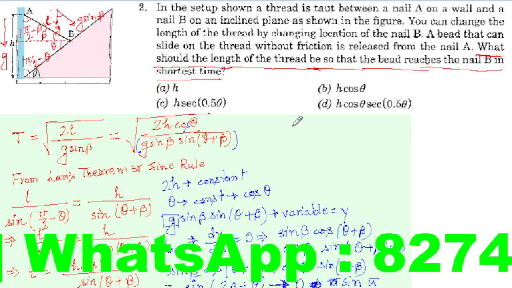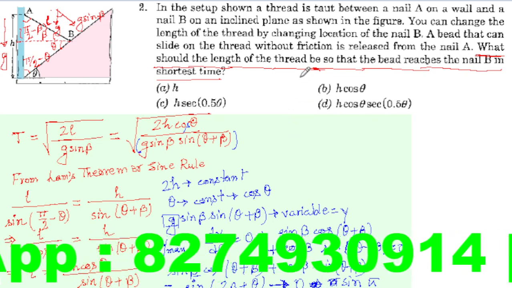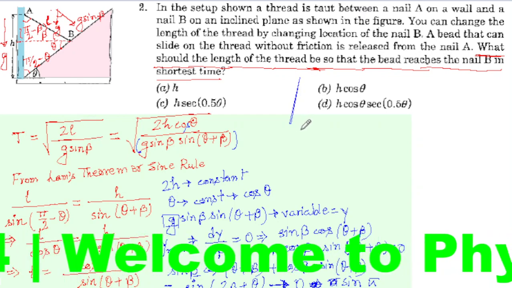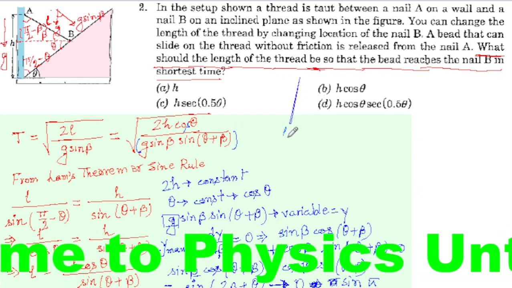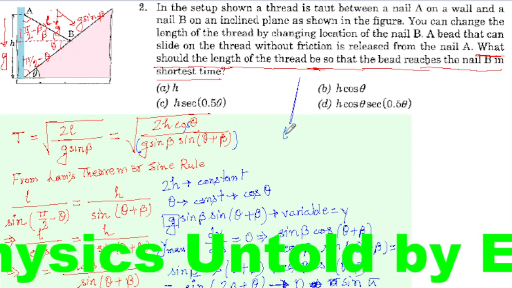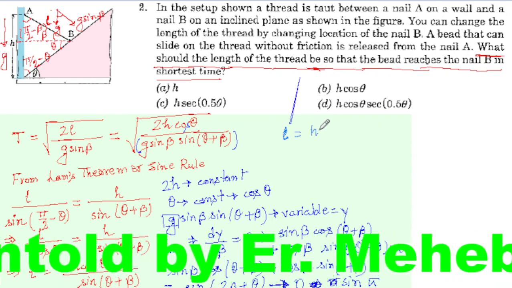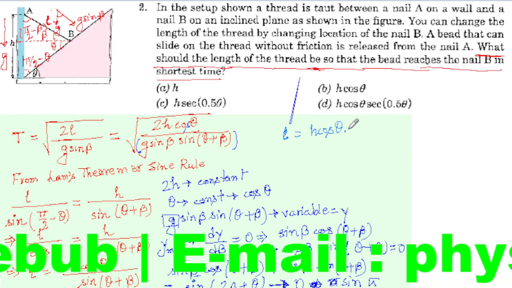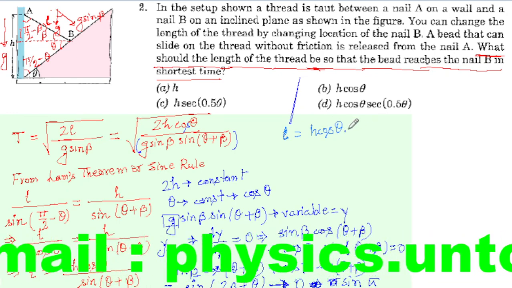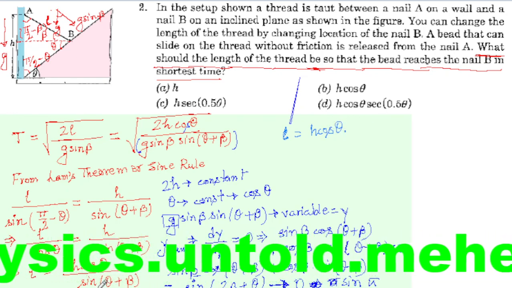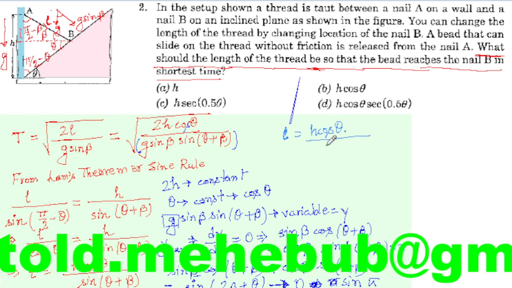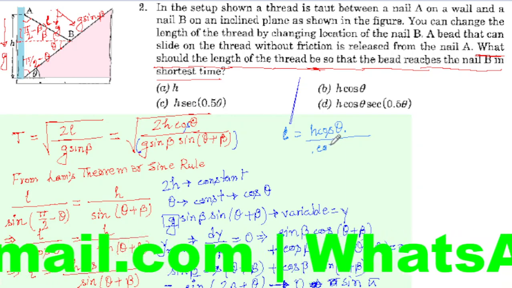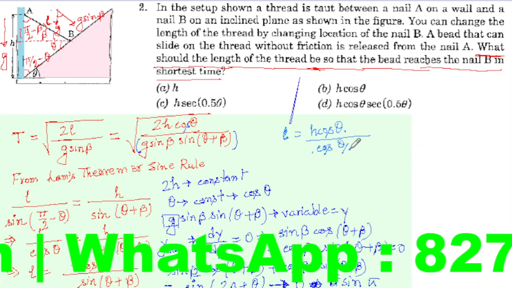Therefore, we can write L equal to h cos theta into the reciprocal of sine, which is equal to cos theta divided by 2.